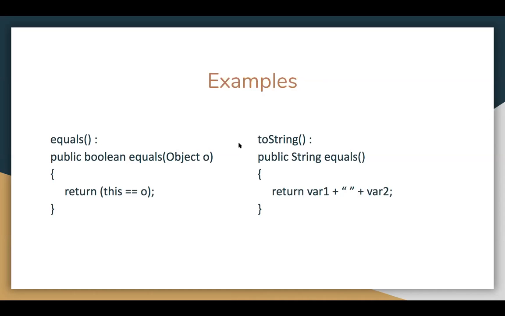And this toString here, oh, that actually should be toString, sorry. You need to change this, but it should be public String toString. And remember here that there's no parameter, so you don't pass in anything. And then return var1 and then var2. These var1 and var2 are just your instance variables in the class. So just returning these two with a string, of course.